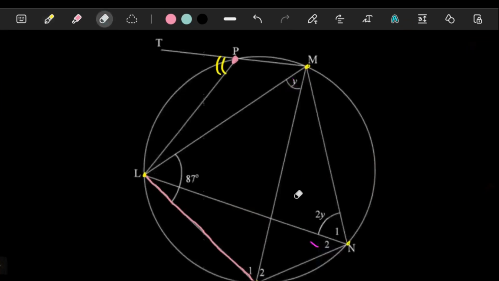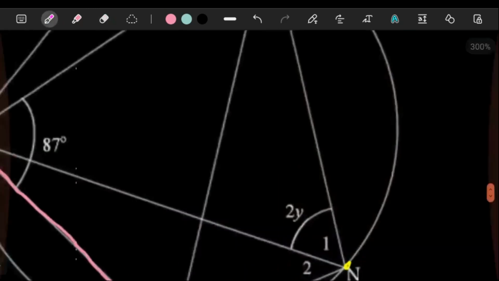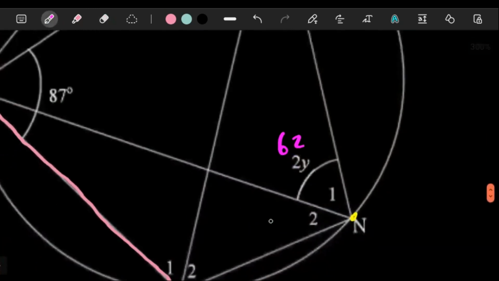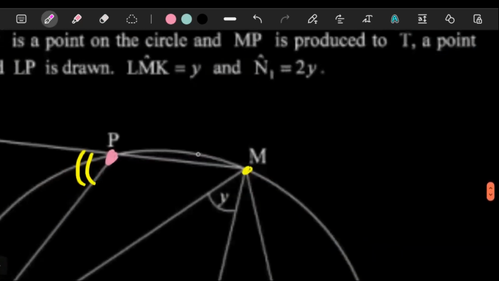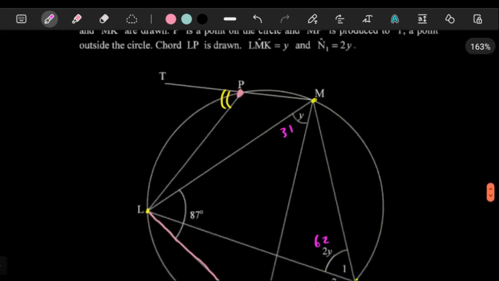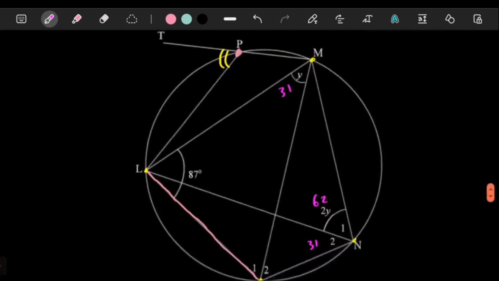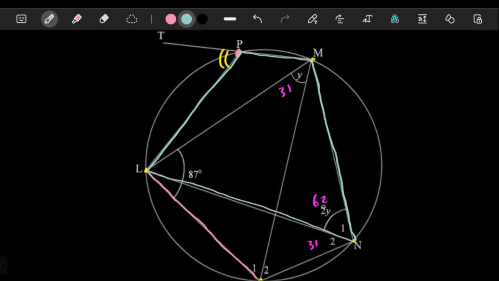Because if Y is equal to 31, we might as well make use of that information. This one is going to be 62, 31. This one is 31. Let's not take that for granted. The fortunate thing is, look at this. This is a cyclic quad. They didn't tell us it's a cyclic quad, but we can see it's a cyclic quad. So don't sleep on yourself. This shape here is a cyclic quadrilateral. This is 62, so this side here is going to be 180 minus 62.